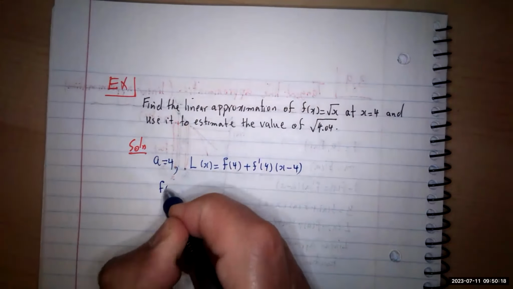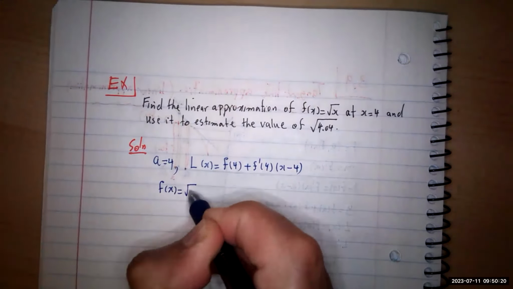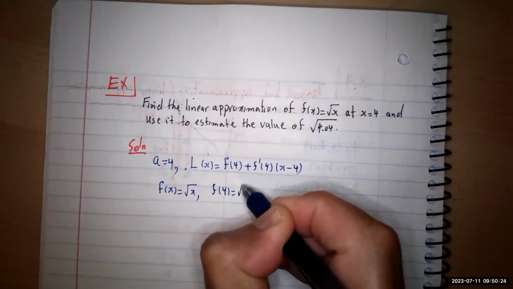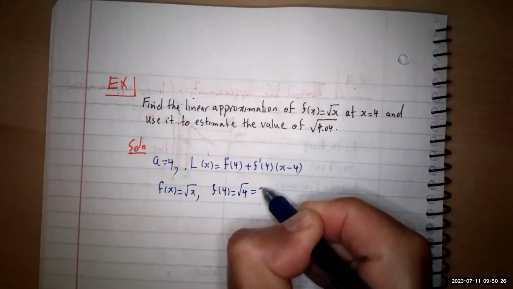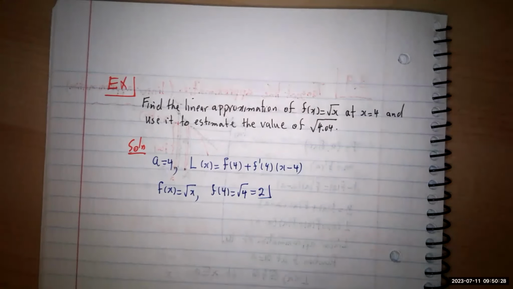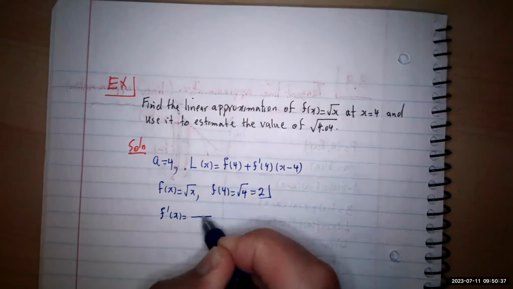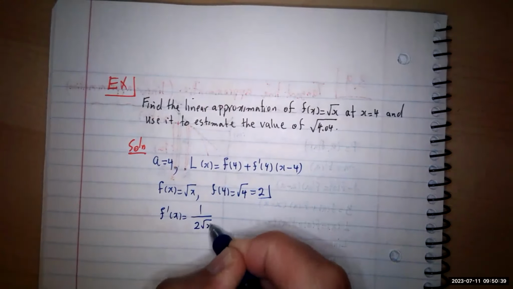f of x is radical x. Find f of 4. f of 4 is radical 4, which is 2. That's f of 4, like finding the point (4, 2). For f prime, differentiate. You know that the derivative of radical x is 1 over 2 radical x.